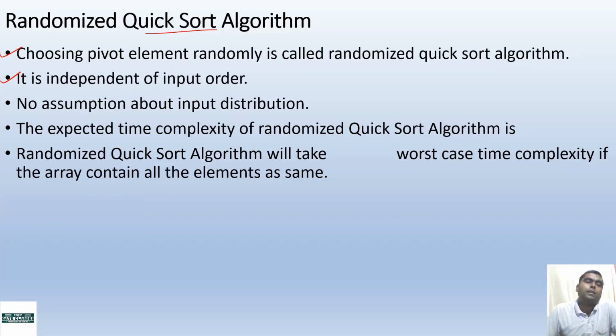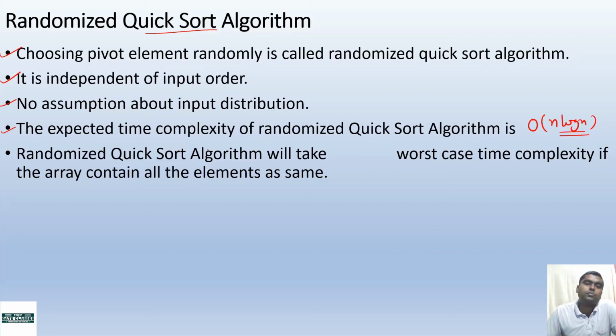Okay, n-1 division is very rare. So there is no assumption about the input distribution. And next, the expected time complexity of randomized quicksort is going to be what? It is order of n log n.